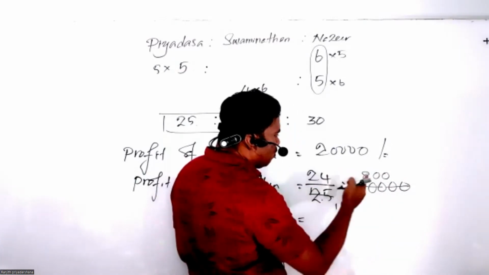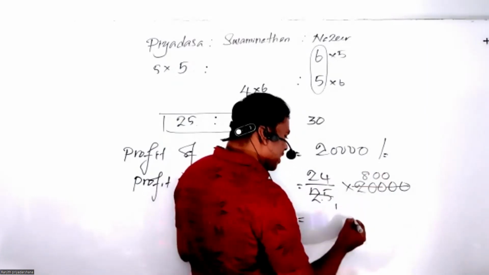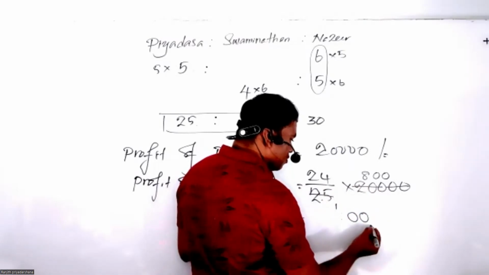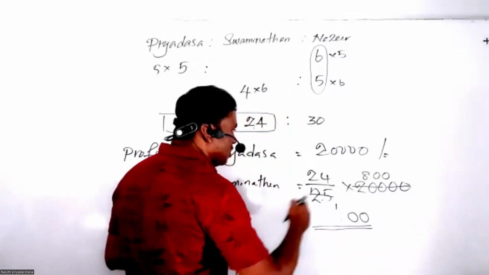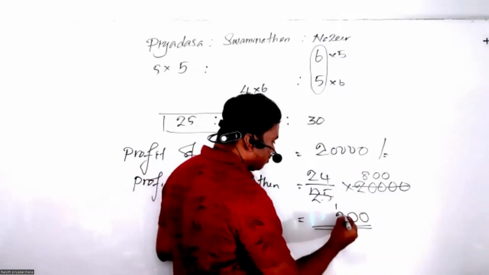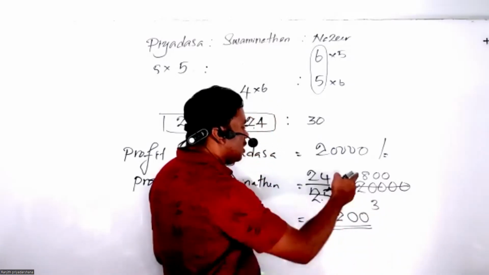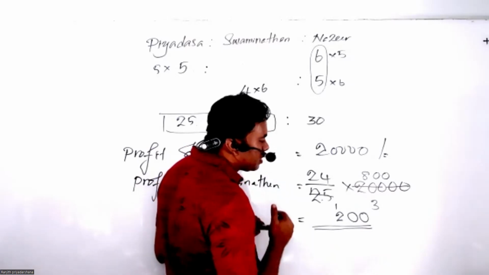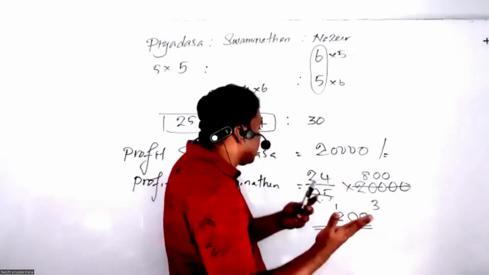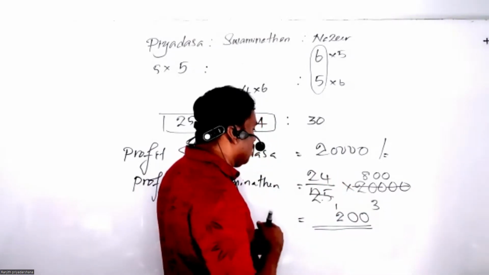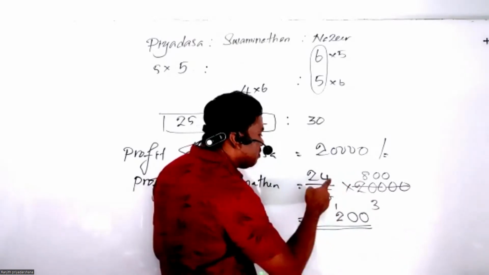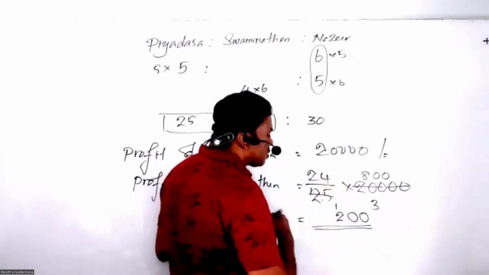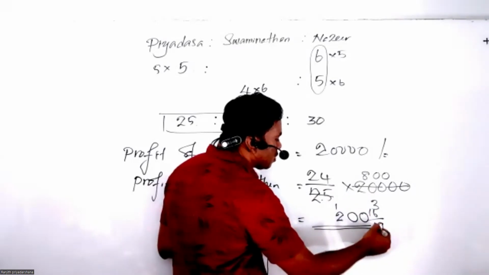800 times 24. I'll help you a little: these two zeros come here. 8 times 4, that's 32. 3 remains. 8 times 2, 16. 16 with this 3 is 19.